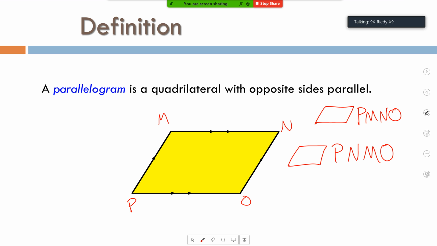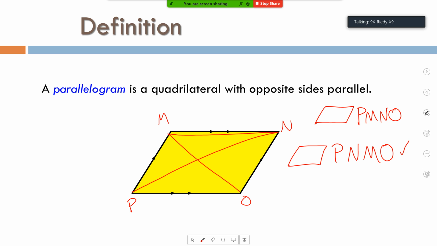Does everybody see why this is bad? Yes? It's not in order. Good. Perfect. It's not in order. If I trace this PNMO, I get PNMO, and that's not a polygon. That's a mess. So you got to go in order around the shape.